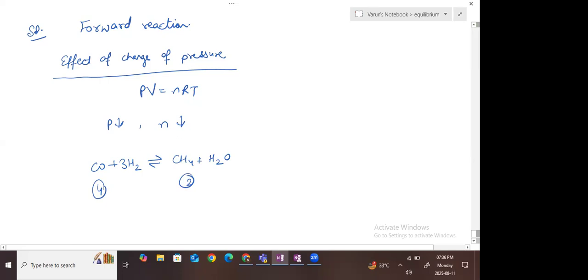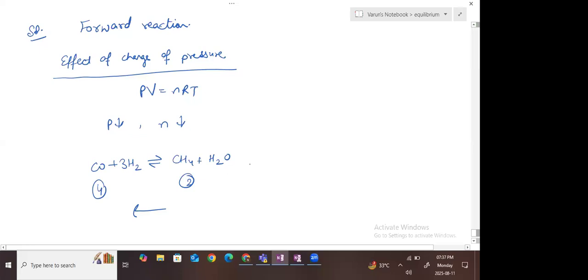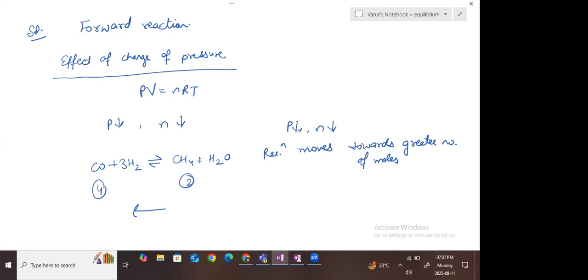My number of moles of the reactant is reducing. So to increase the number of moles of the reactant, what will happen? My reaction will shift to the forward direction. Or I can say that when we change the pressure, the reaction moves towards greater number of moles when we decrease the pressure, because decreasing the pressure decreases the number of moles.